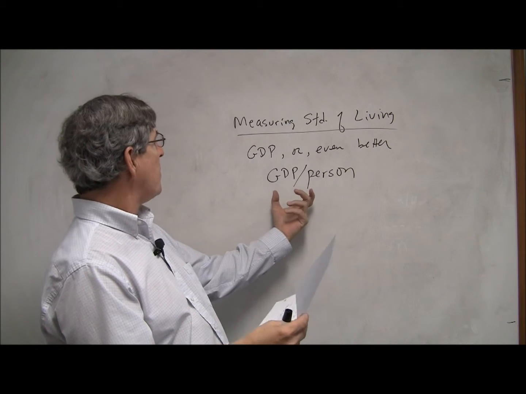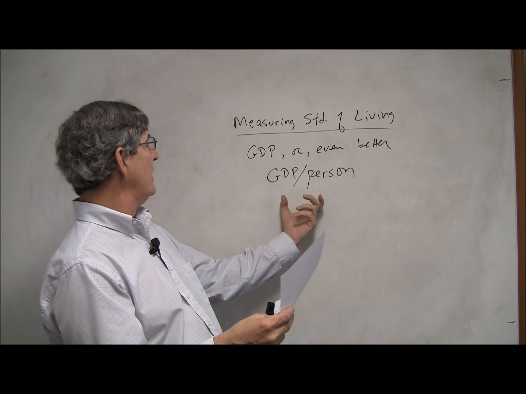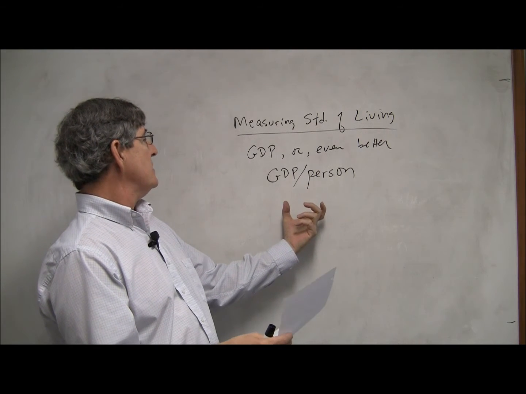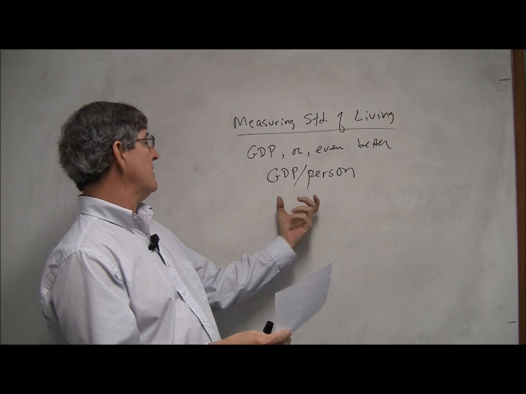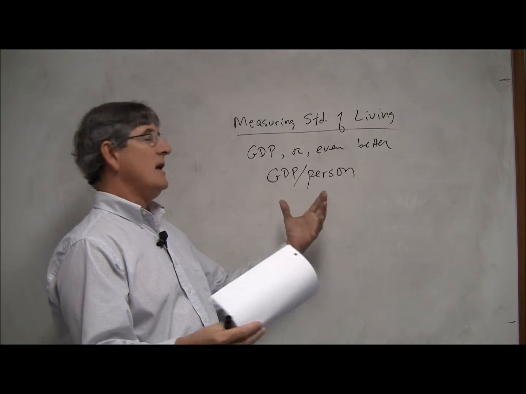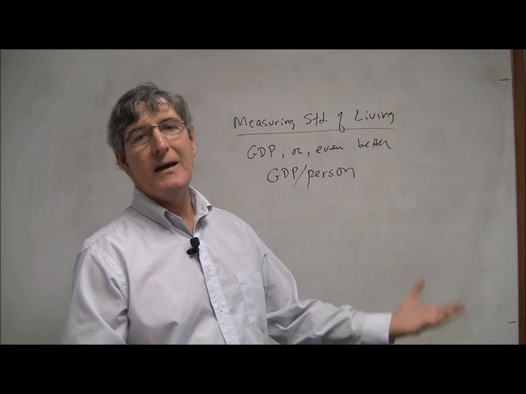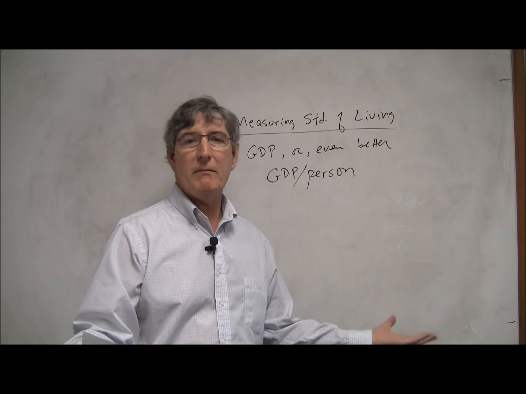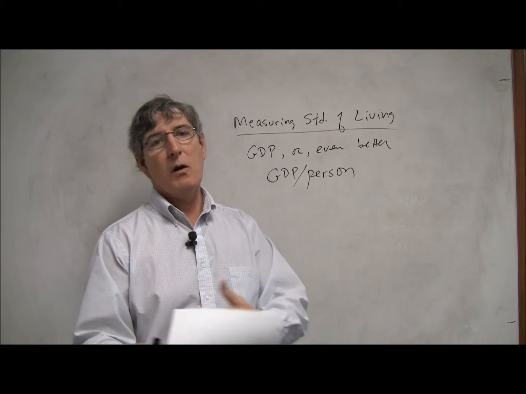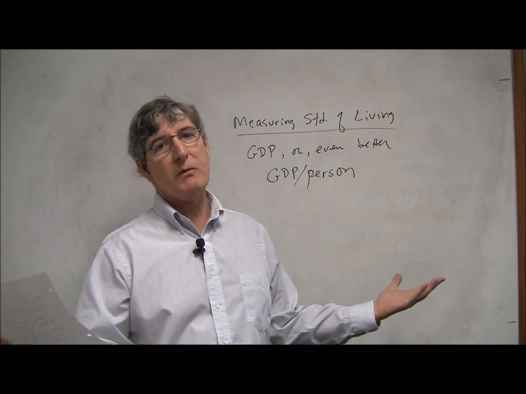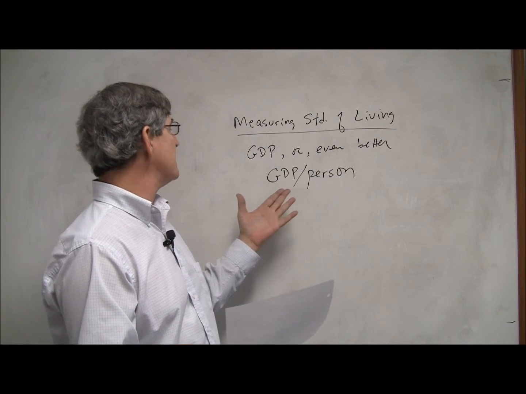Now, one problem with this measurement is that it doesn't really look at the distribution. So you could have the same GDP per person if one person owned almost everything and everyone else owned almost nothing. That country might have the same GDP and population as another country where income's much, much more equally shared, and these kinds of measures don't get at that.